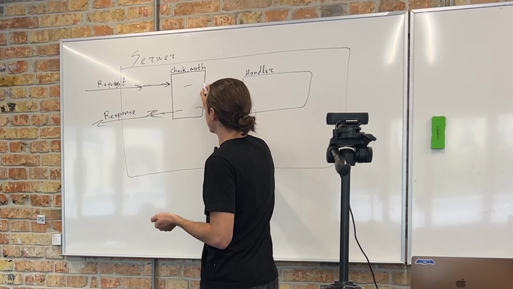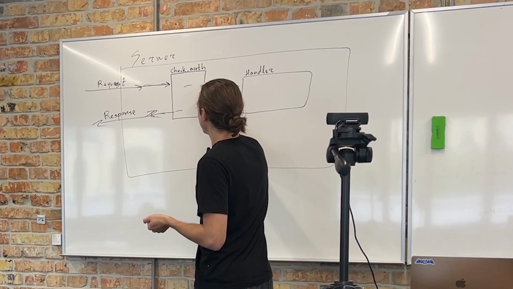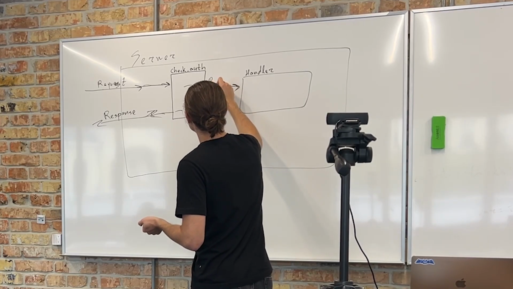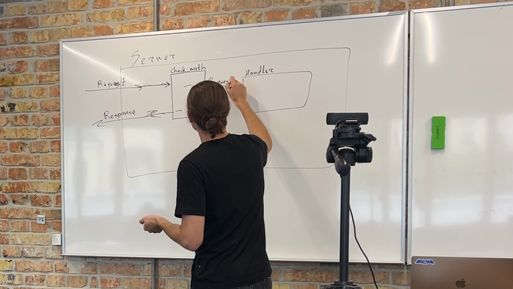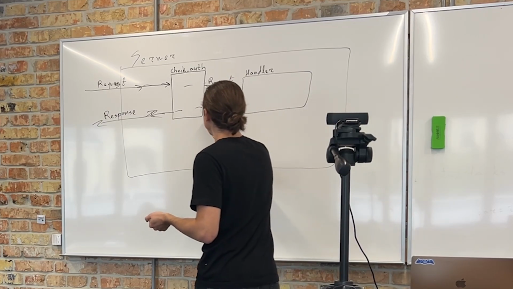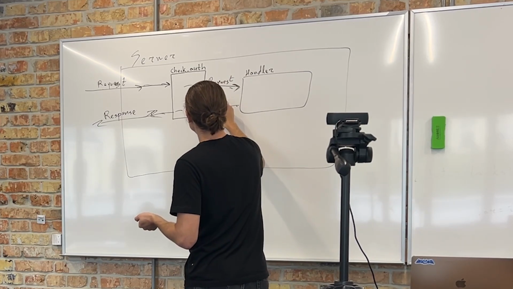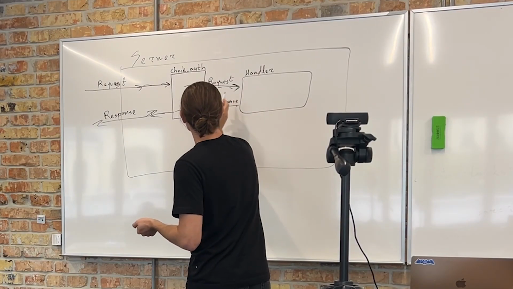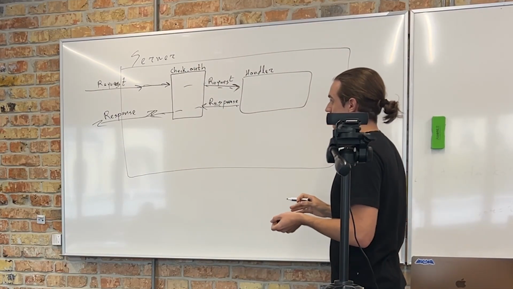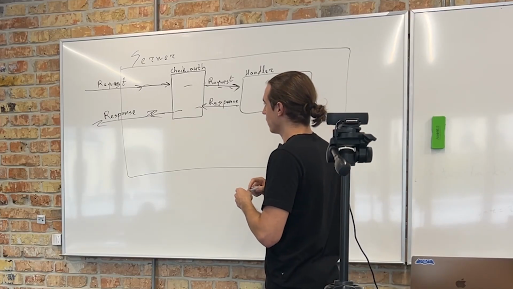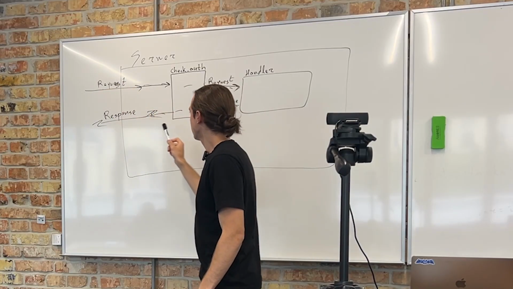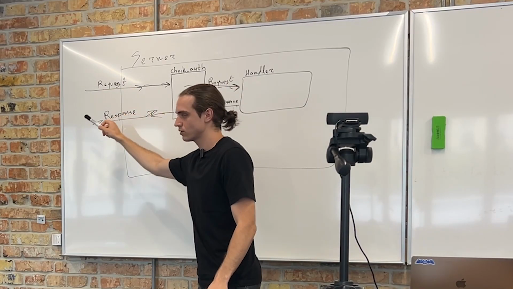But also, this middleware passes the request to the handler and receives a response from the handler. So this is like a filter. Middleware can manipulate the request and can manipulate the response.